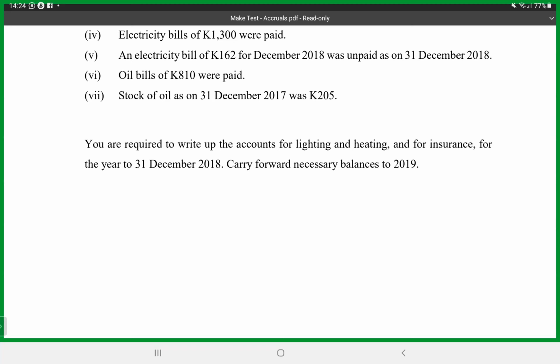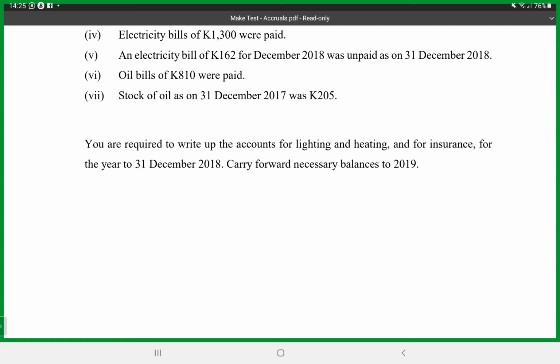So when you're making the general entry for the accrued expenses, you debit the expenses account, and then you credit the payables account.